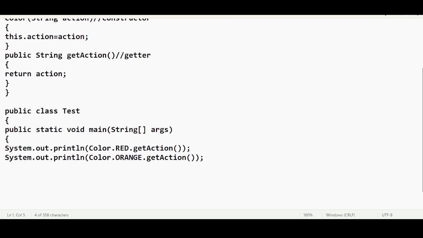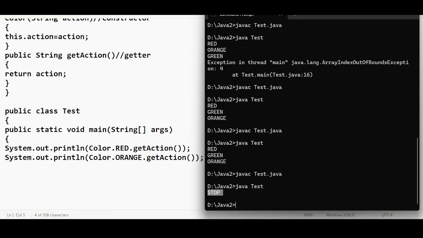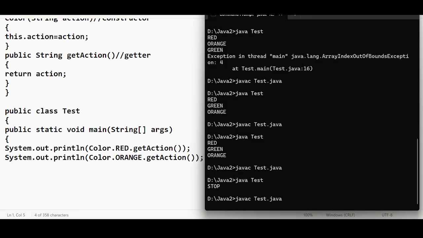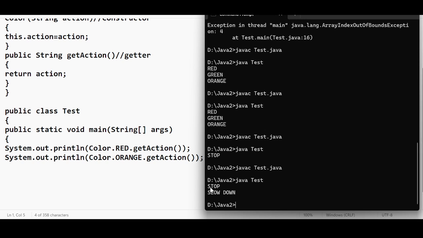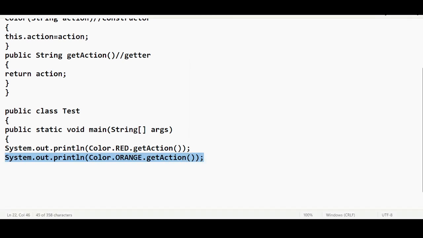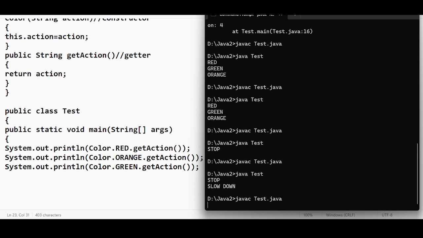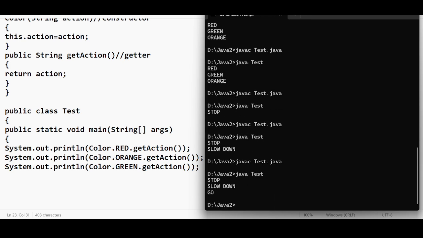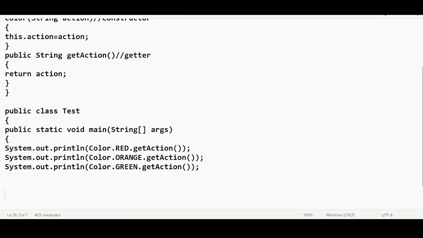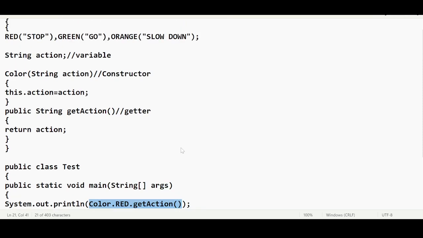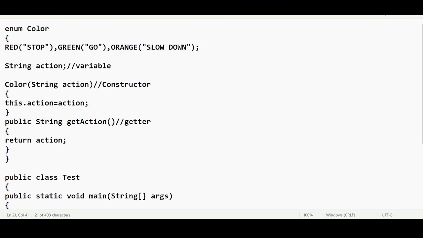If I try to get the action of ORANGE, javac, java, you get slow down. Get action of GREEN. Stop, slow down, go. So depending upon the situations, you call these methods to display meaningful information at the console level.